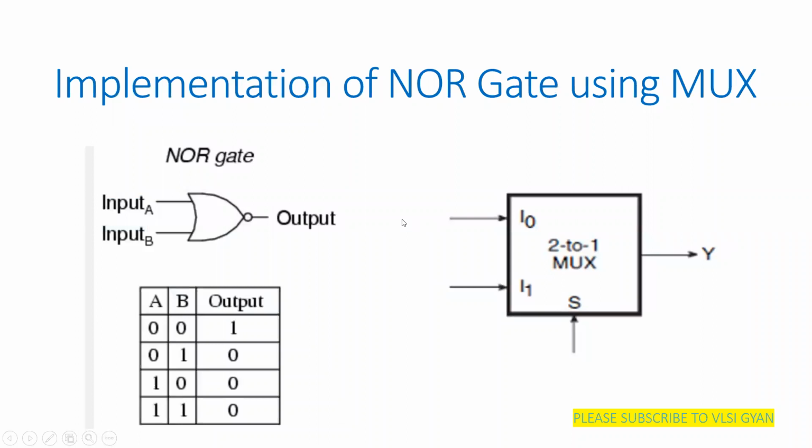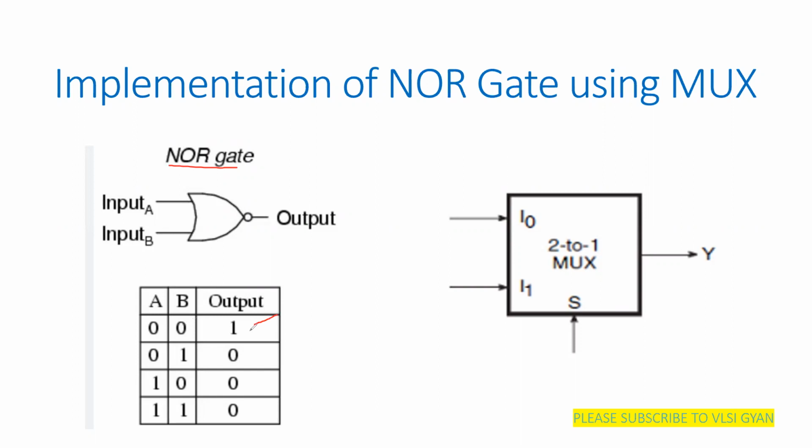The next gate is the NOR gate. NOR gate is a very important gate because it is a universal gate. We know the symbol: it is an OR gate with a NOT bubble connected at the output side. It is nothing but a NOR gate. Let us come to the truth table of the NOR gate. When A and B both are 0, the output for an OR gate is 0, and the NOR gate is the complement of that, so it is 1.